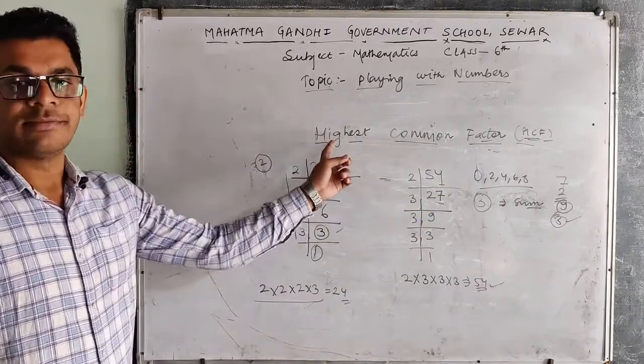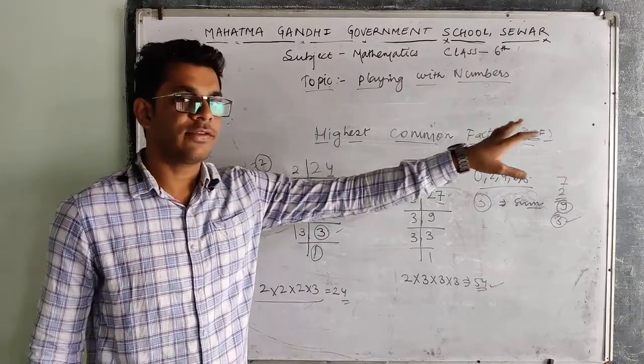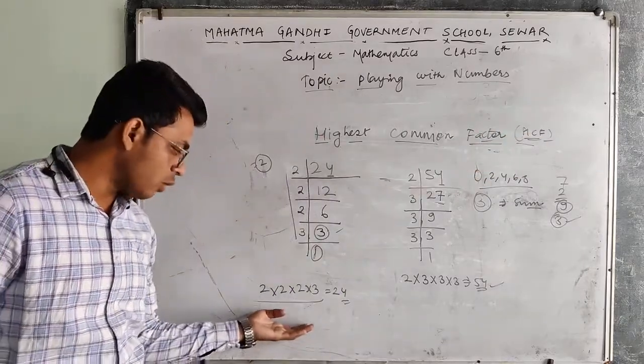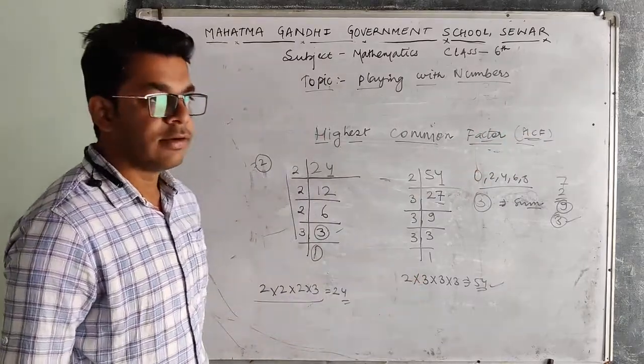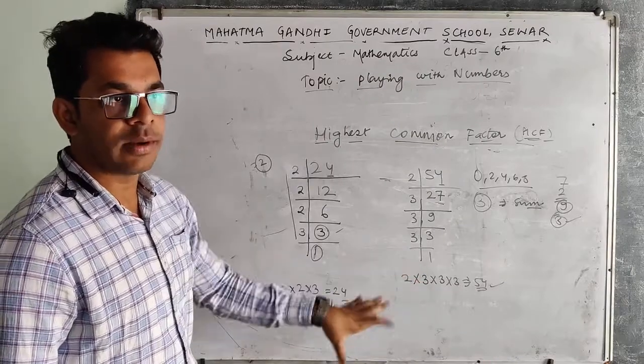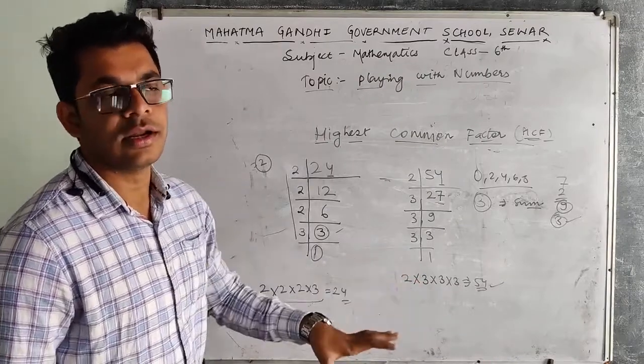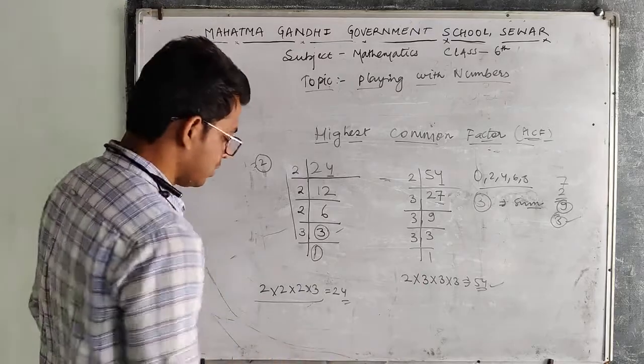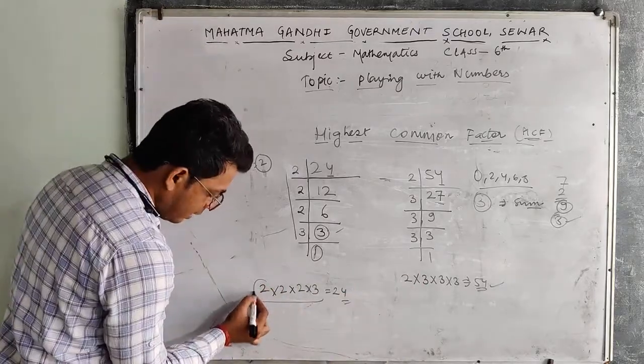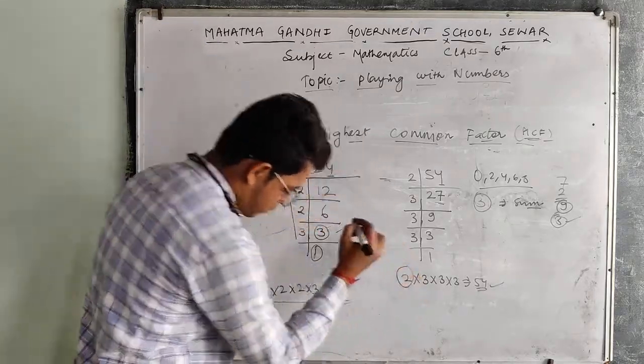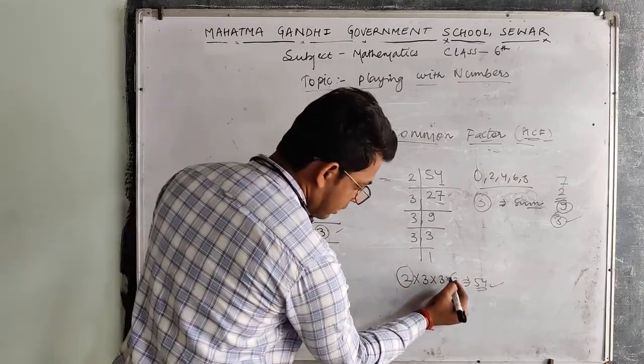What are we studying? The highest common factor. What is the highest common factor? We will see what the common factors of these two numbers are. That is 2, that is 3, that is 3.